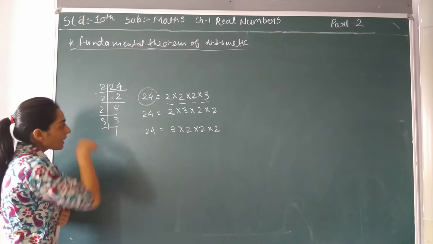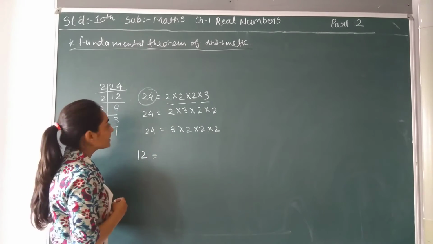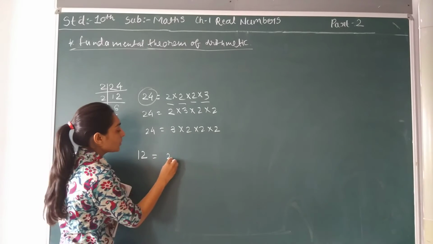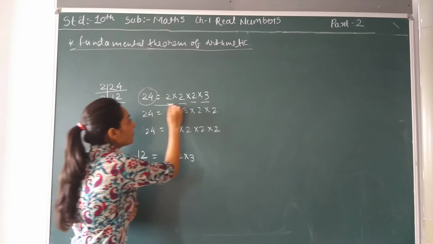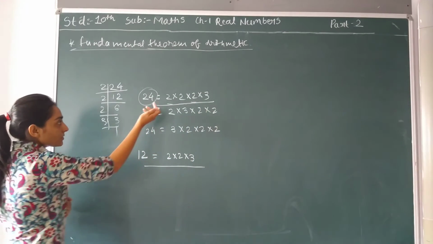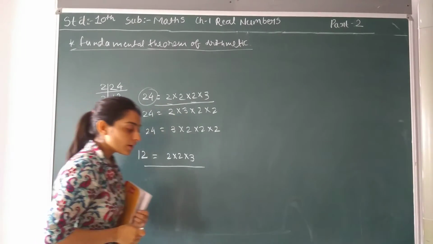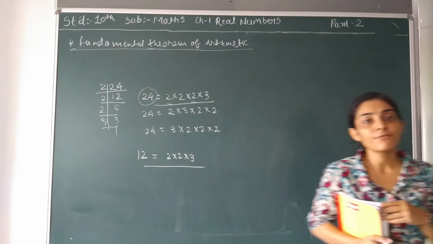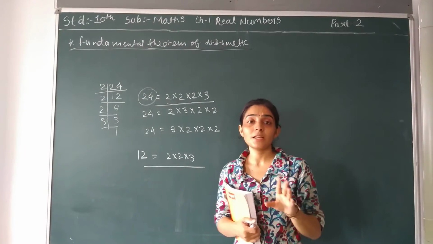If I take the number 12, what's the factorization of this? 2 into 2 into 3 only. See, every ordered pair is unique in nature. Here 1, 2 is there, but 1, 2 remained over here. So we can say that every prime factorization is unique in nature.